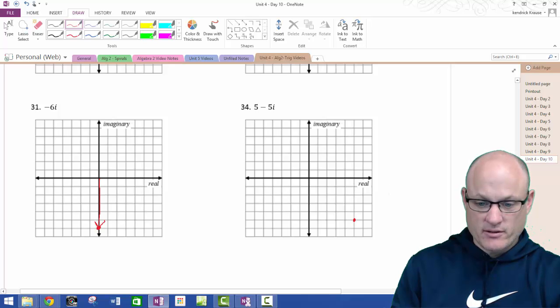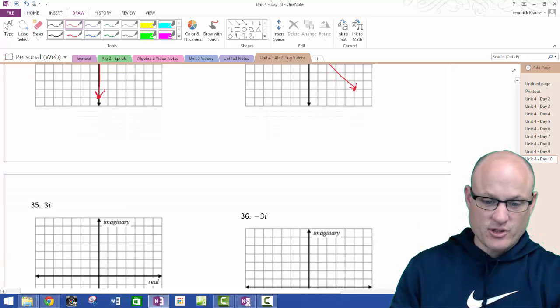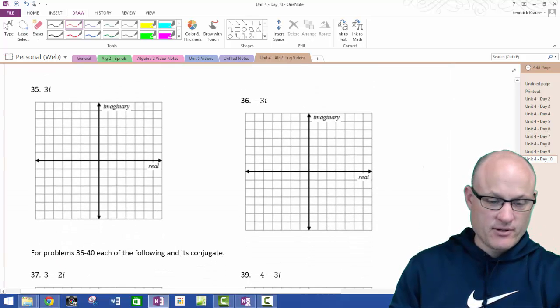I know you can't even see my... So 5 minus 5i. 5 on the real, minus 5 on the imaginary. Draw in a vector. They have direction and magnitude is what they have. 3i, we're going up 3. Negative 3i, we're going down 3.